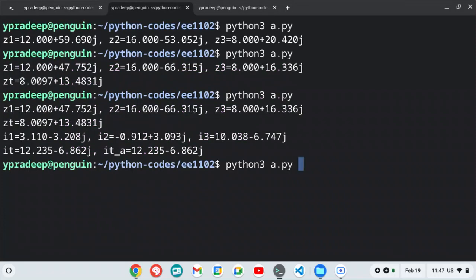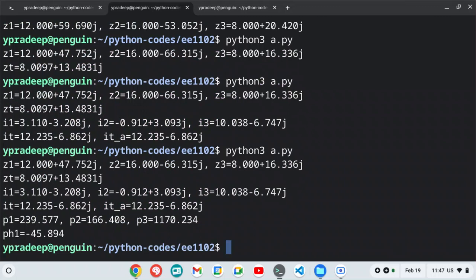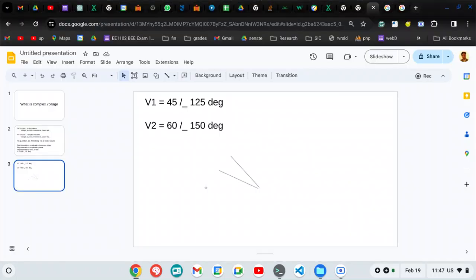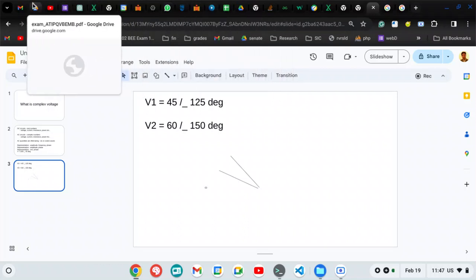Okay, let's run this. I'm getting the power in P1, P2, and P3, and the phase of the first one is minus 45 degrees. See, already voltage is at 30 degrees, and the current is minus 45. So in total it is around 75 degrees phase difference between the voltage and I1. Anyway, in the interest of time, let's come to the questions. Where are my questions?